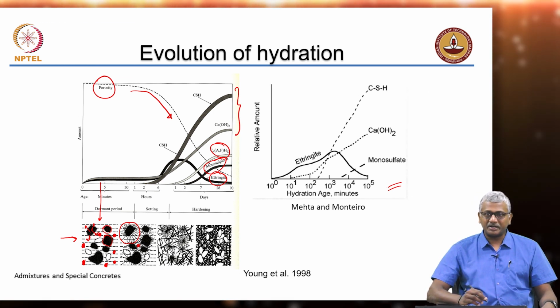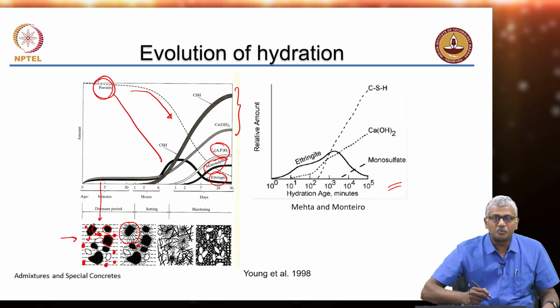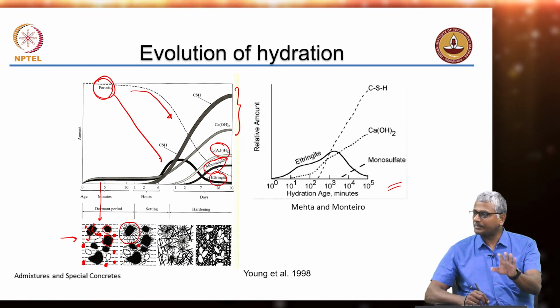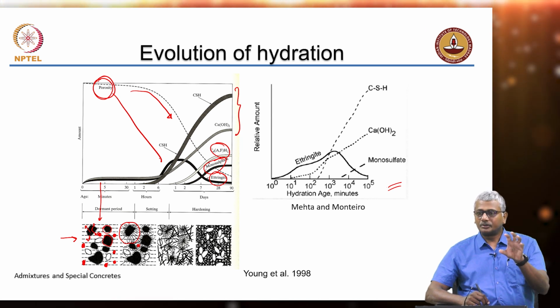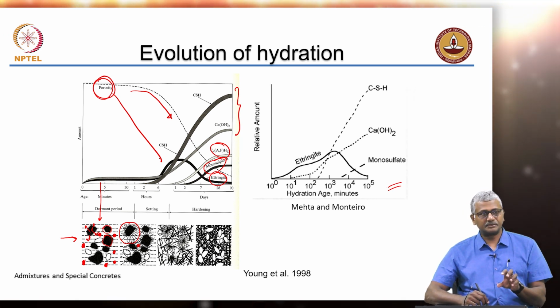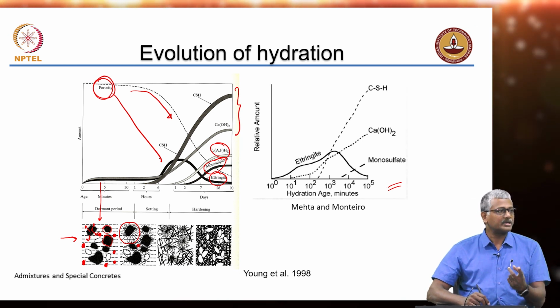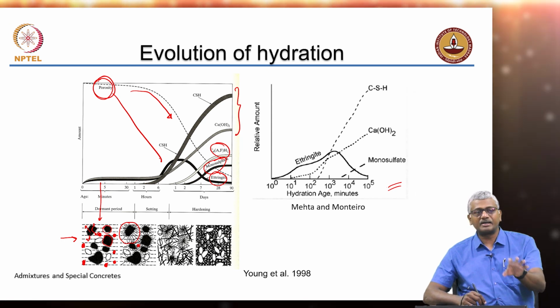Particle packing, yes, but what is happening essentially is your porosity reduction is much more rapid in lower water cement ratio systems. Strength is dependent on porosity. The higher the porosity, the lower the strength. So, this explains two things for you. One is in low water cement ratio systems, you have lesser porosity, so higher strength.